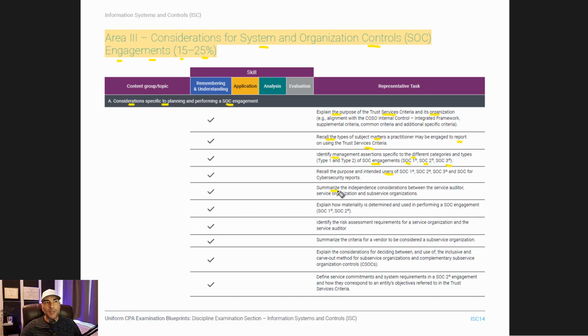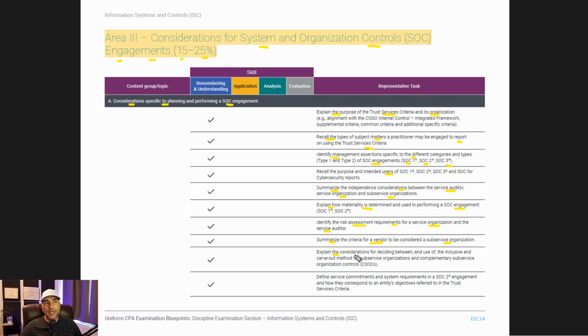You'll need to be able to summarize the independent considerations between the service auditor and the service organization and subservice organizations. You'll need to explain how materiality is determined and used in performing SOC engagements. You'll need to identify the risk assessment requirements for a service organization and the service auditor. You'll need to be able to summarize the criteria for a vendor to be considered a subservice organization.